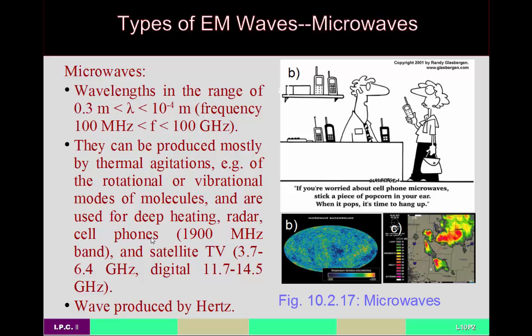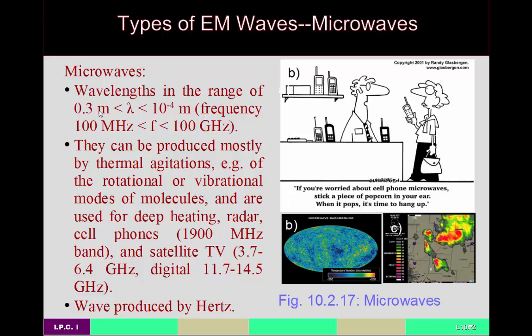Okay, moving along the spectrum, we get to microwaves. So these are in the wavelength range of maybe 0.3, even like 0.1, or even slightly shorter wavelength, slightly longer wavelength, all the way down to 10 to the minus 4 meters.